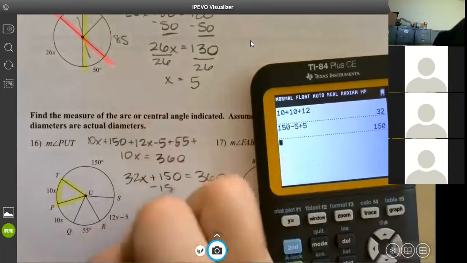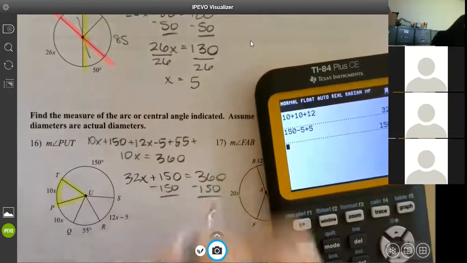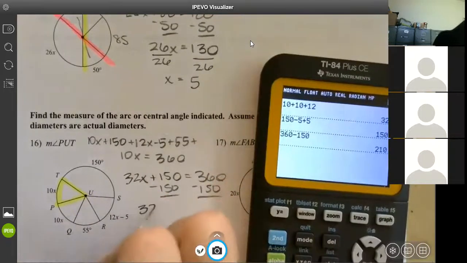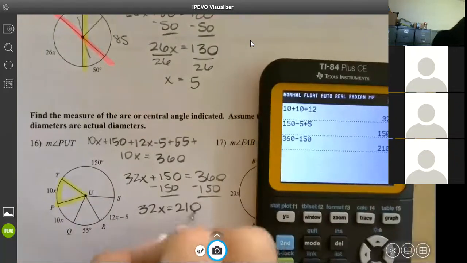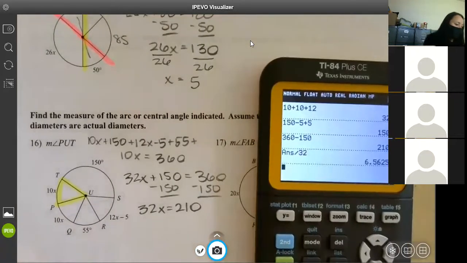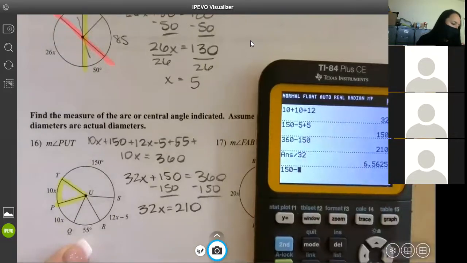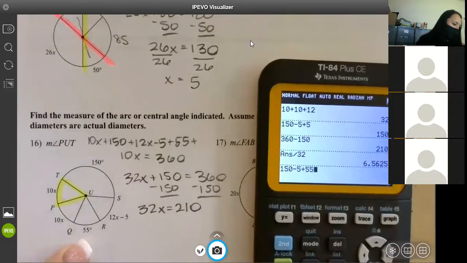Subtract your 150. So 360 minus 150 is 210. And then divide by 32. Ooh, did I screw something up? What did I screw up? Oh, because I did plus 5 instead of plus 55. I just didn't hit it hard enough. Thank you.